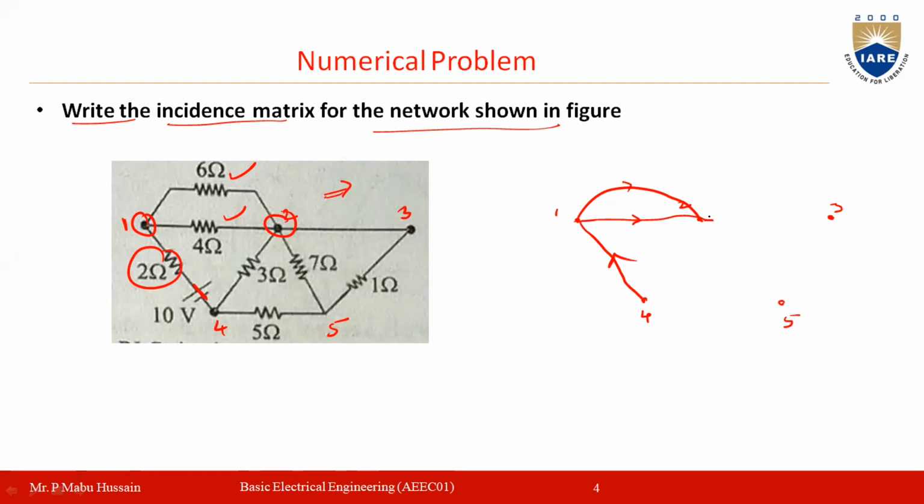Then between 2 and 3, we have this, right? Actually here there should be one element. If the element is not represented here, that means this node and this node are the same. In such a case, you can take only the second node, and there is no need to represent the third node. Why? Because between 2 and 3 there is no branch, that means no element is there, right?